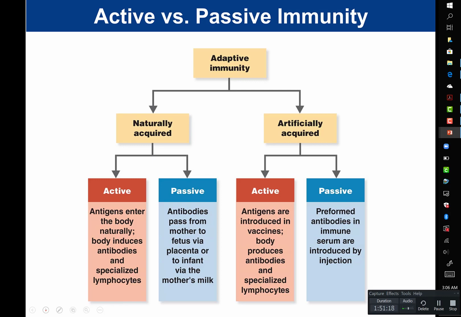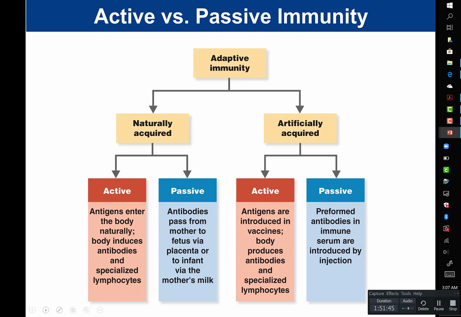Another good example of passive artificial would actually be what they're doing for COVID-19 cases. They are trying to find people who have recently had COVID-19 and have a high proportion of these coronavirus antibodies in their blood, and then take that plasma.